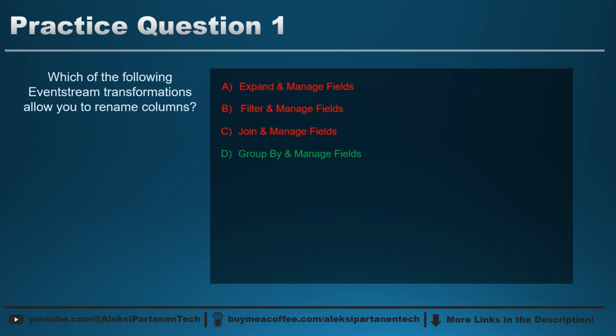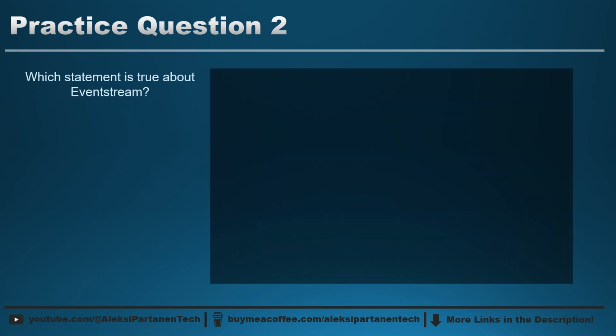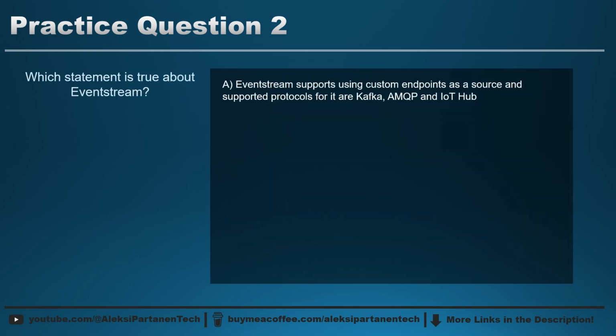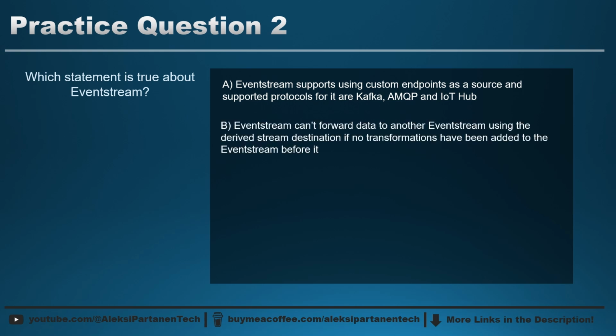Let's have another question. Which statement is true about event streams? A. Event stream supports using custom endpoints as a source, and supported protocols for it are Kafka, AMQP, and IoT Hub. B. Event stream can forward data to another event stream using the derived stream destination if no transformations have been added to the event stream before it.